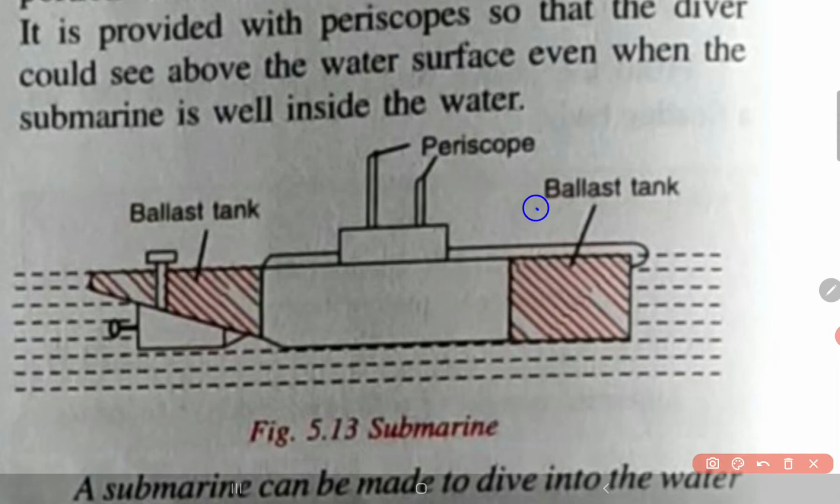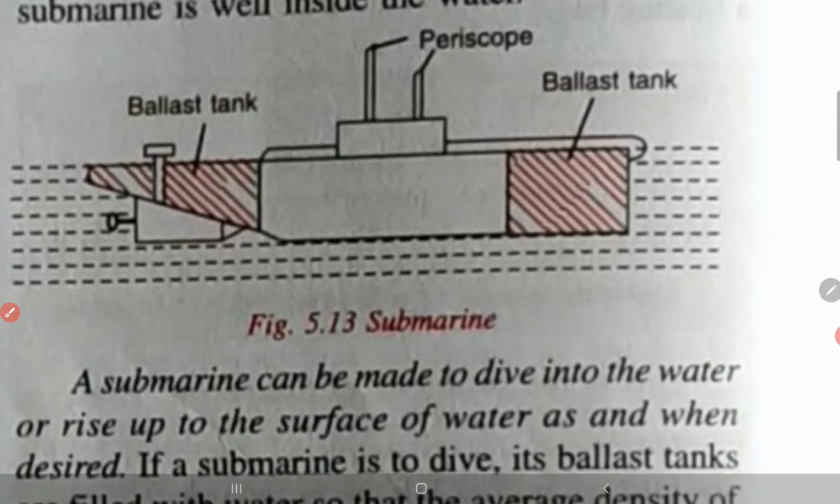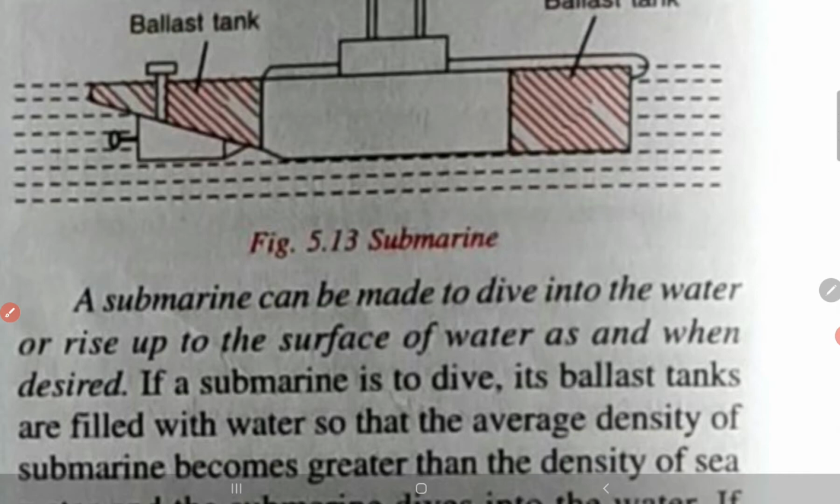So these are the rear and the front ballast tanks in which air can be pumped in and pushed out also, with the help of a piston. A submarine can be made to dive into the water or rise up to the surface of water as and when desired.